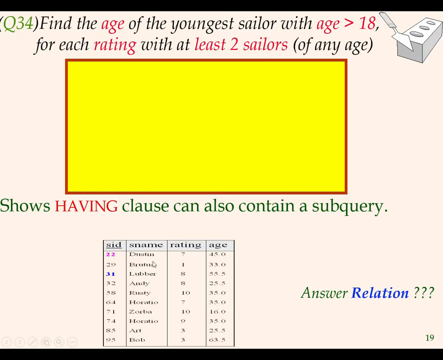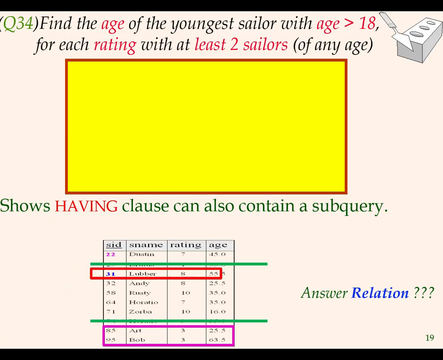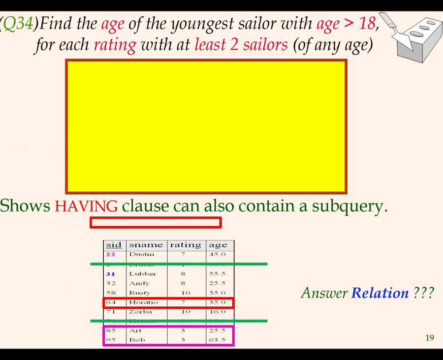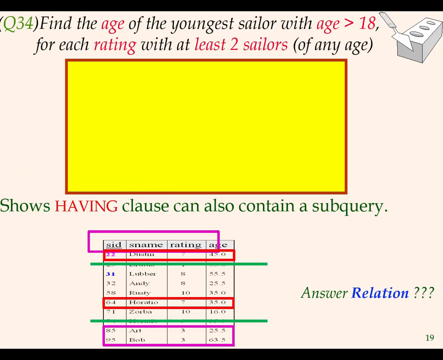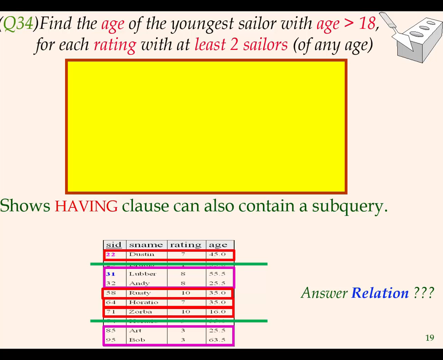If you look at rating 1, there's just 1. Same for 9, and I have 2 for 3, 2 for 7, 2 for 8, and 2 for 10. So these are my groups by.